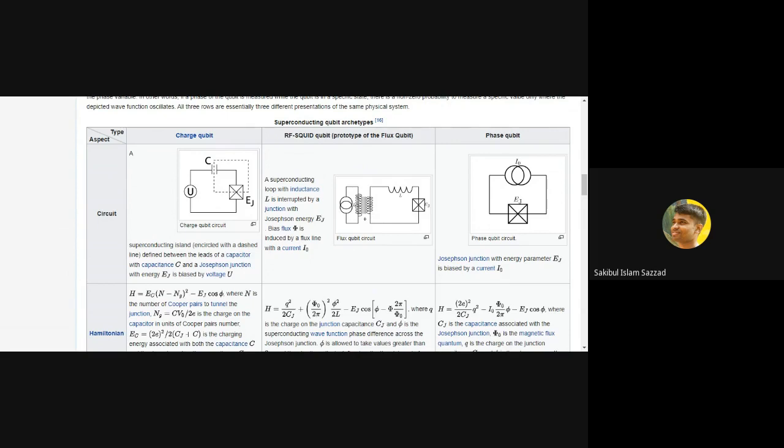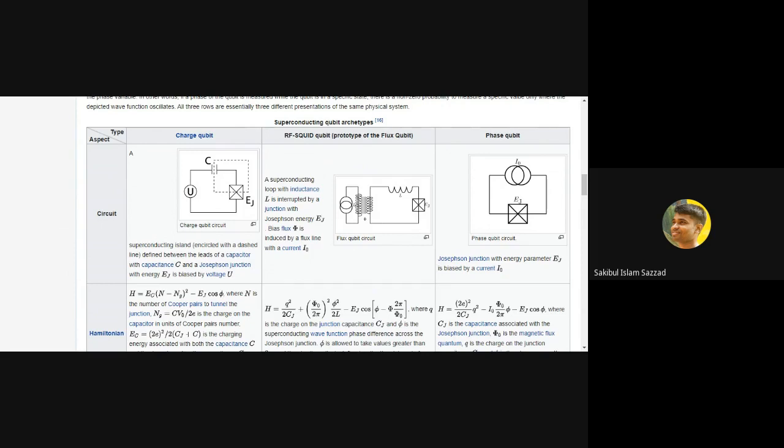So the Josephson junction is something like a sandwich. At first I have a superconducting material, then I place a non-superconducting material beside it, then another superconducting material. Now let's say an electron is traveling in the superconducting material.